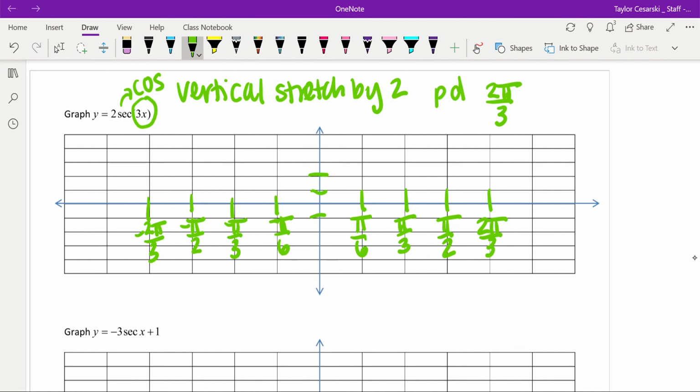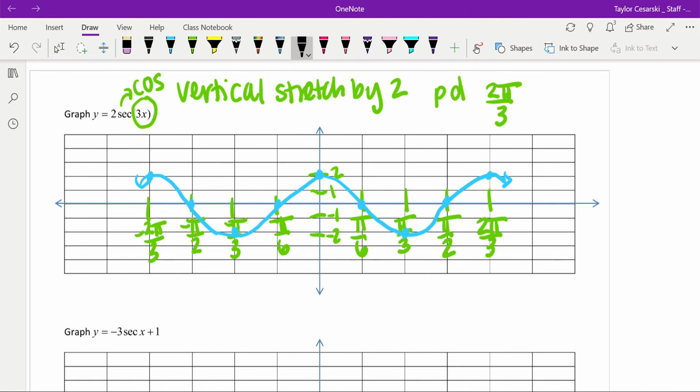Alright, and then the same thing. Alright, so I'm going to go ahead and graph in cosine with a vertical stretch of 2. So that means I start up at 2 and then go down. Alright, so this one I don't have to move left or right at all.